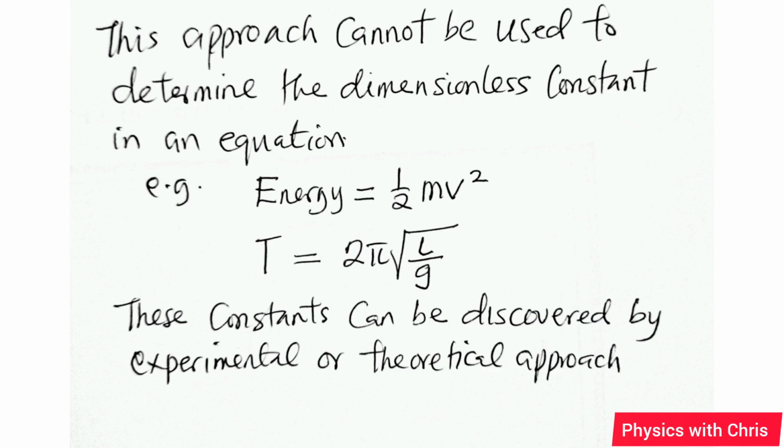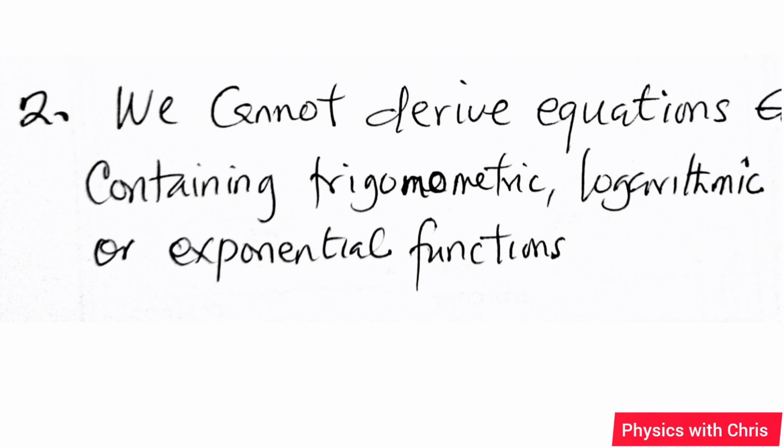So the constants in these two equations can only be discovered by experiment or by theoretical means. Number 2, we cannot derive equations containing trigonometric, logarithmic, or exponential functions. We may use other means to derive these equations, not this approach of dimensional analysis.